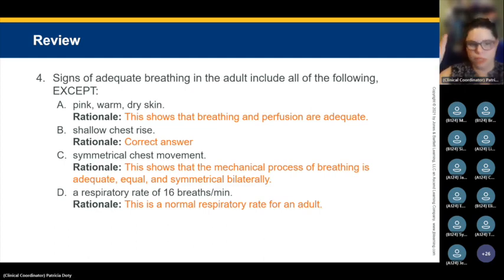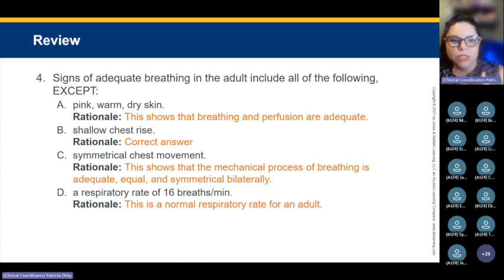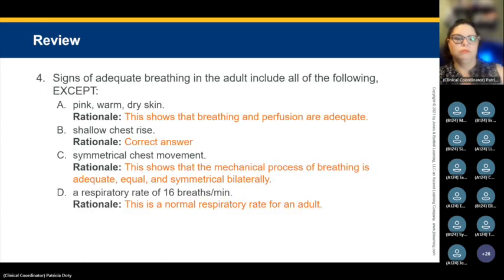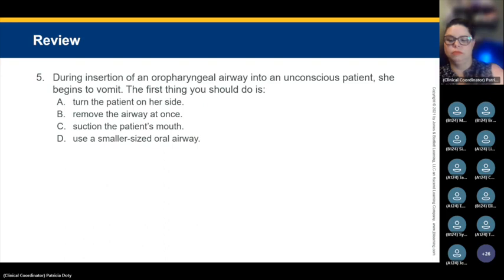All the rest of them are normal. Pink, warm, dry skin. Symmetrical chest movement. I'm probably breathing closer to 20 times a minute because I'm talking a lot, but 16 is well within the 12 to 20 range. It was B, right? Yeah.